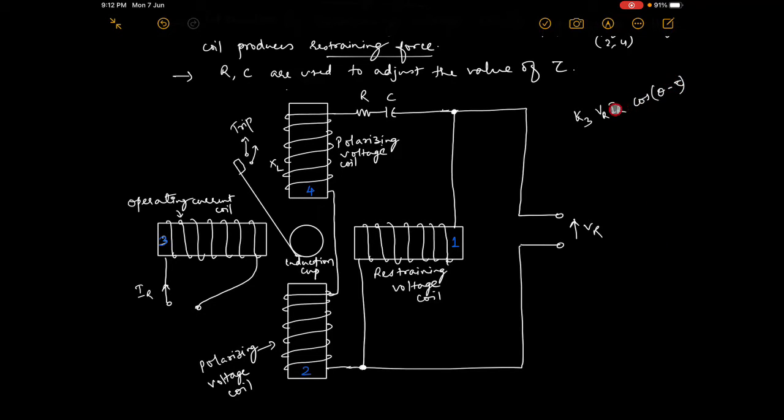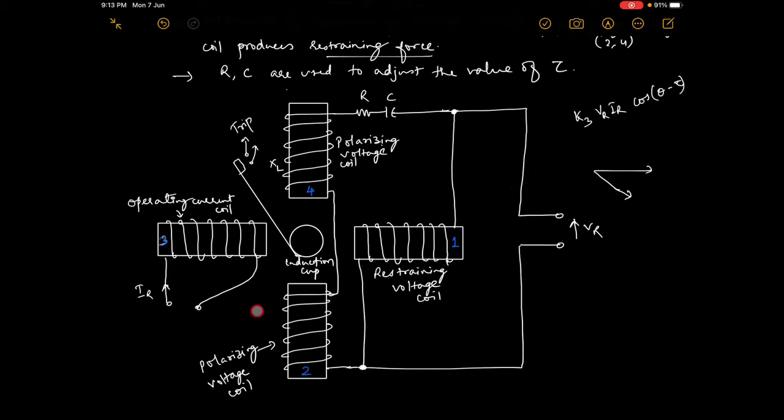This term is associated with V and I. So this is V, suppose, and obviously I will be here, because current will be lagging. First voltage will be there and then current will come in, in a transmission line. Since both are inductive, this lag is due to the transmission line.